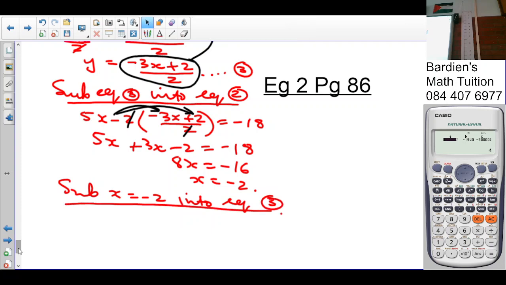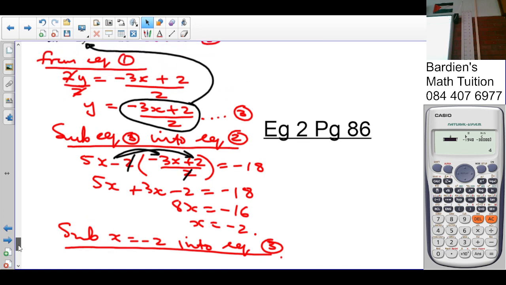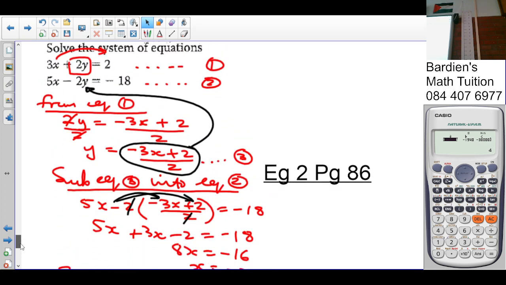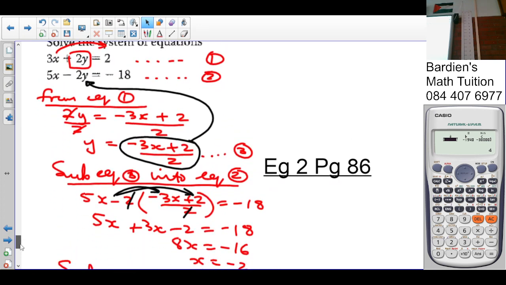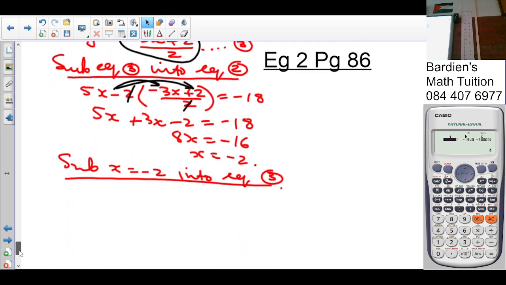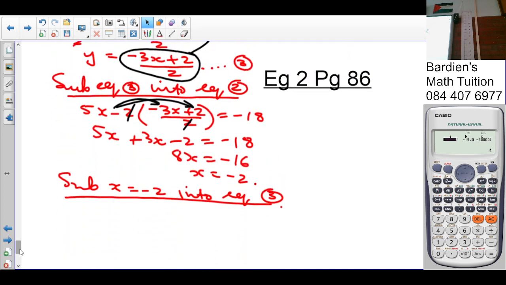Why into equation 3? Because there we already have y as the subject. You guys understand? If we look at equation 1 and 2, you must still make y the subject of your formula there. Okay?